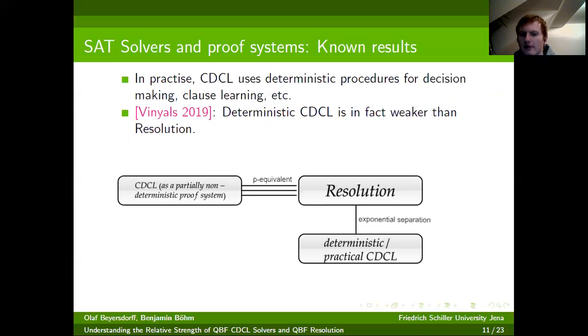So we get this overview here: we can define a partially non-deterministic proof system which is p-equivalent to resolution, but the deterministic one is really weaker than resolution. This is not surprising, because resolution itself is a non-deterministic proof system, so it is not surprising that deterministic proof systems are weaker.